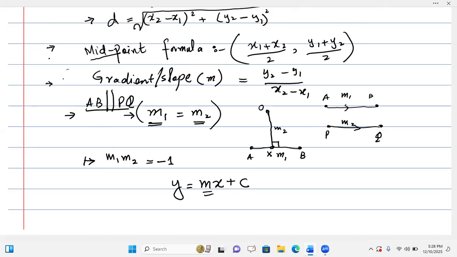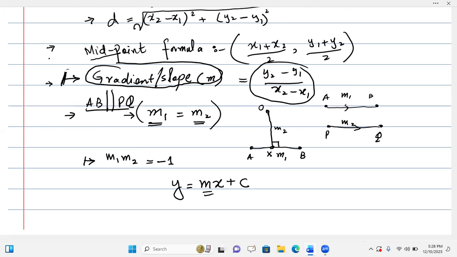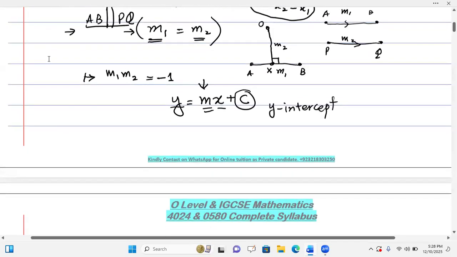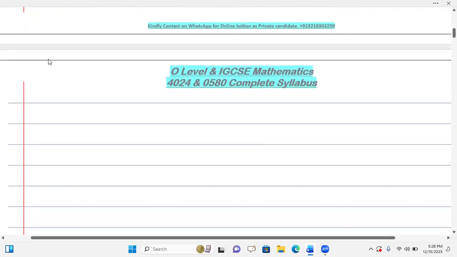M is the gradient or slope as mentioned here, and you will use this formula to calculate the gradient m for this line equation, and x and y will be the variables for that line equation. This c is the y intercept. Let's suppose I am taking 2 points and I will try to work through examples by using these formulas.